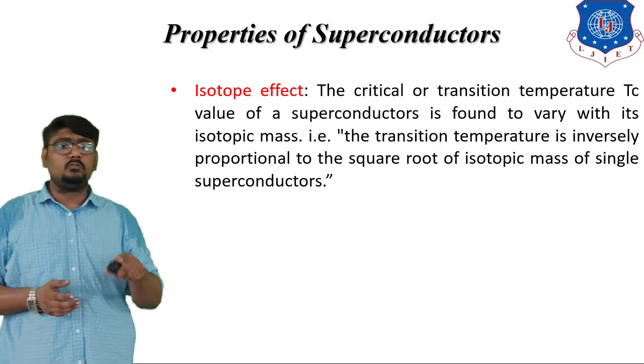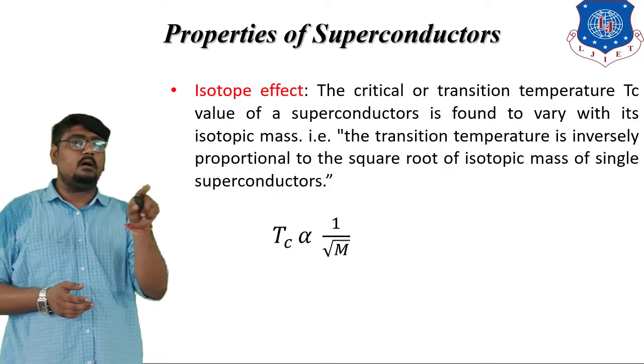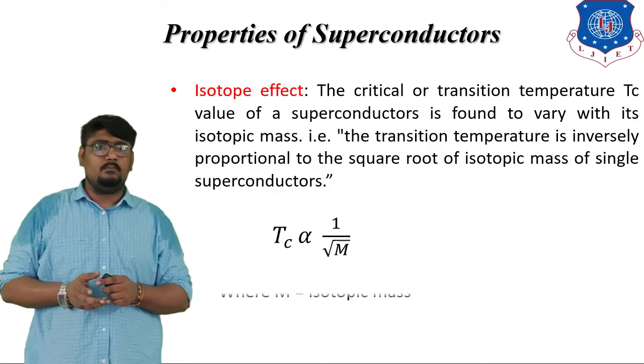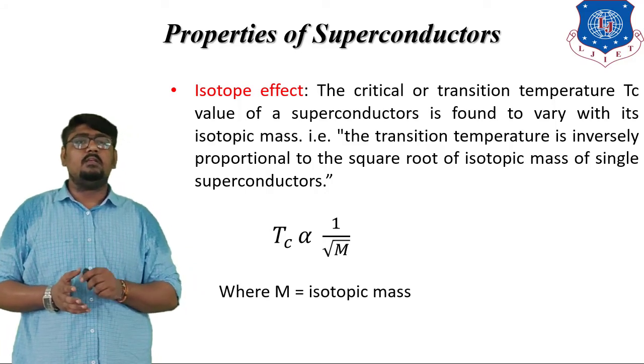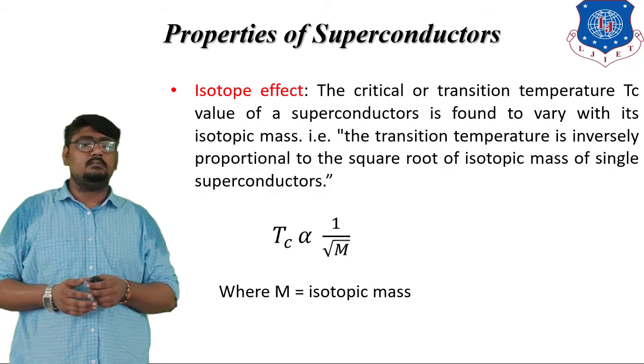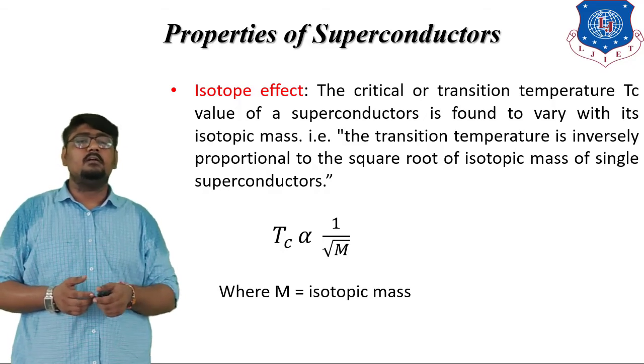Tc is proportional to 1 upon under root m, where m is the isotopic mass. So that is all about the isotopic effect.